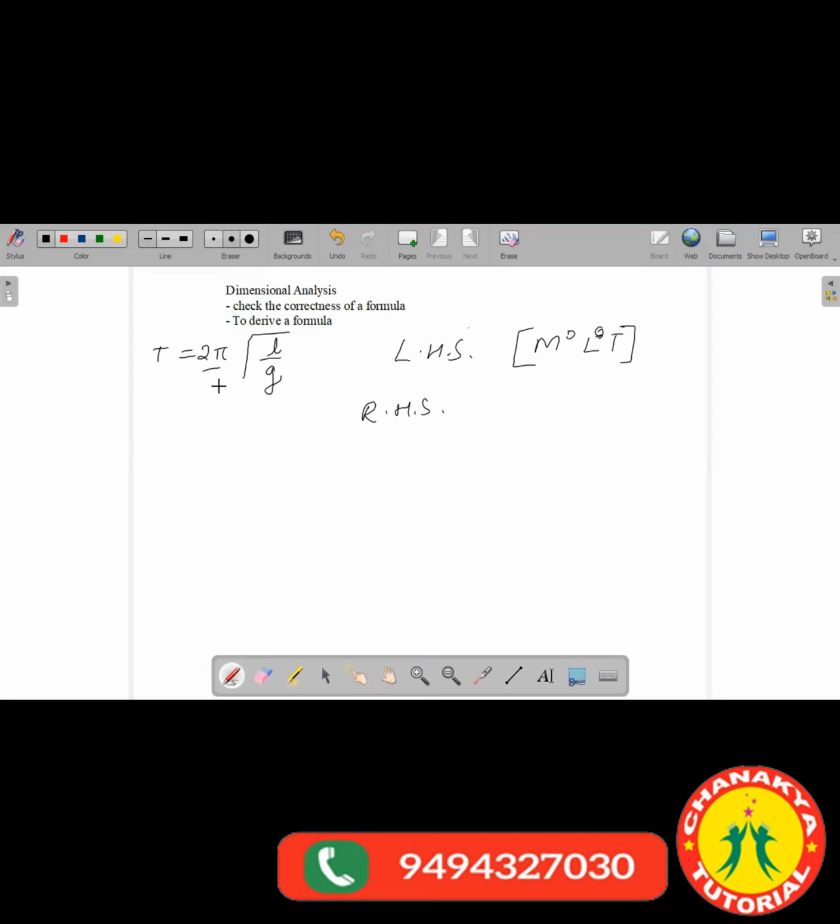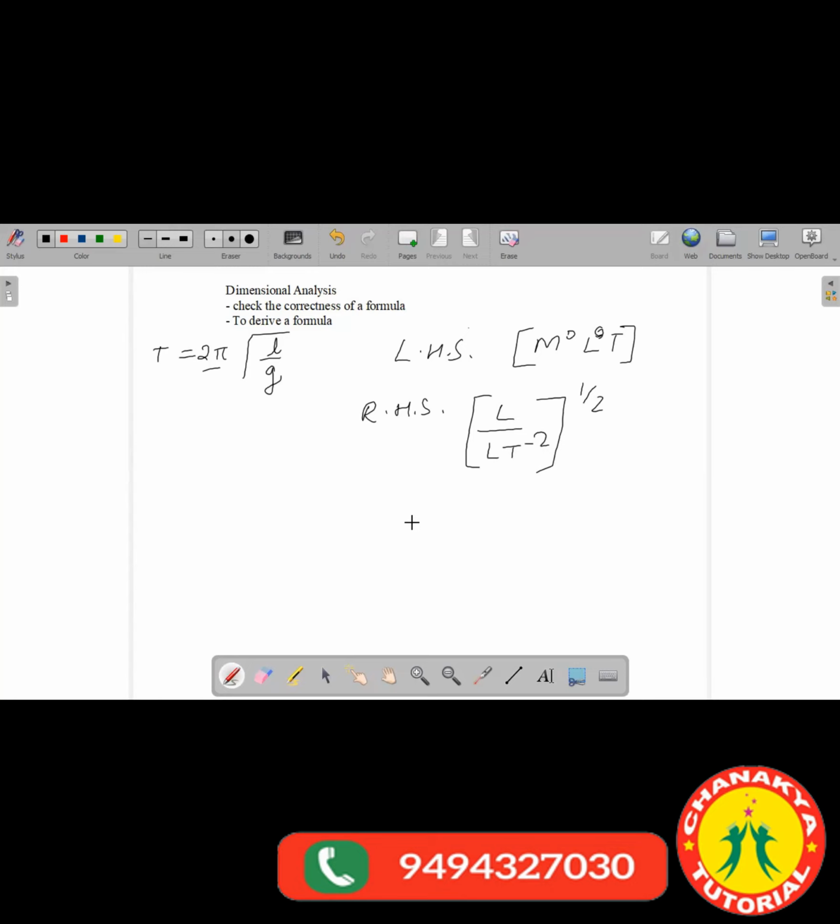So we ignore this 2 pi and we write the dimensions of L. For the right hand side, I will write the whole thing to the power 1 by 2, as it's a square root. L will have the dimension L and g will have the dimension LT minus 2, since this is acceleration and the dimensions of acceleration are LT minus 2.